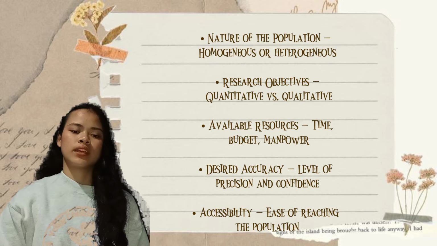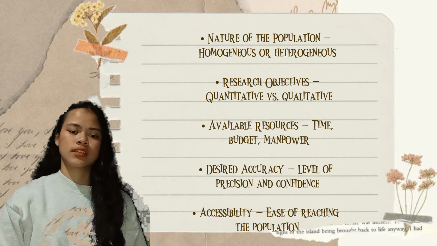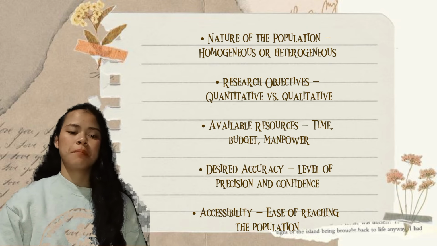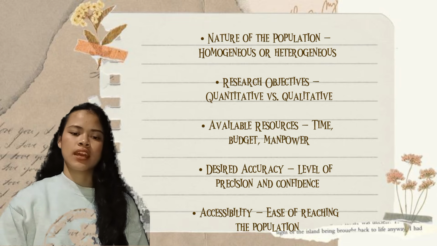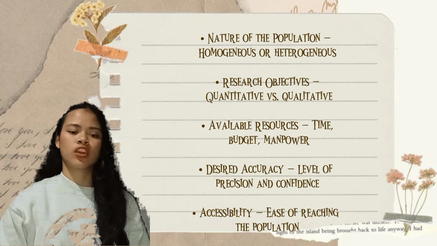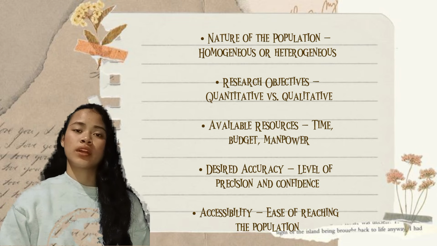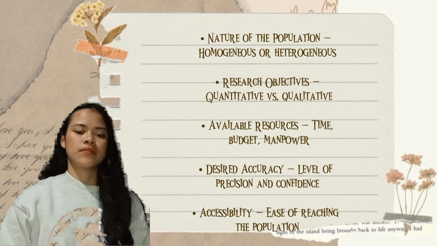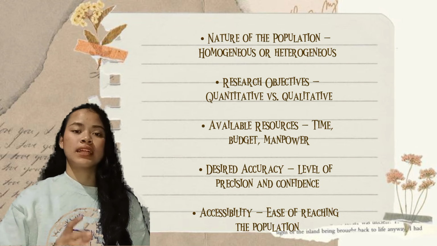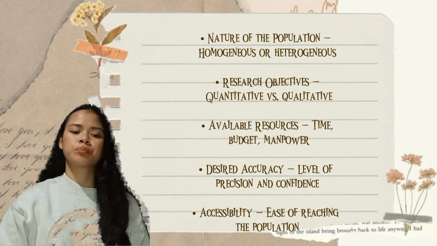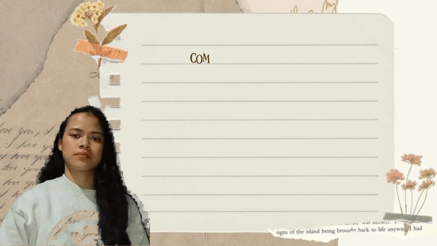The third one is the available resources: time, budget, and manpower. The fourth one is desired accuracy, level of precision, and confidence. And the last one is accessibility, or the ease of reaching the population. Choosing the right technique depends on balancing scientific accuracy with practical constraints.